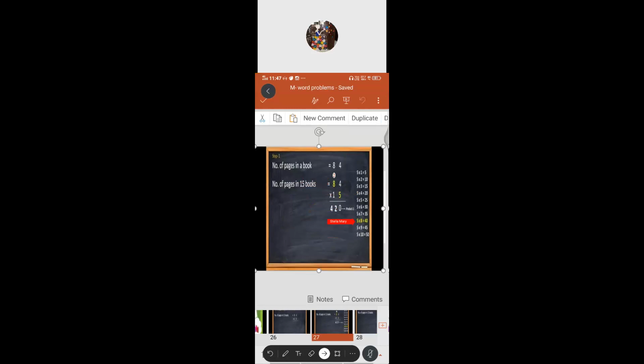Is this correct? 5 eights are 40. Should I write 40 as it is? No. What should I do? Because carry over is there. So 40 plus 2. What will come? 42. So this is product one, multiplied by the ones digit of the multiplier. Got it? So 420 is product one. Now what do we have to go for?